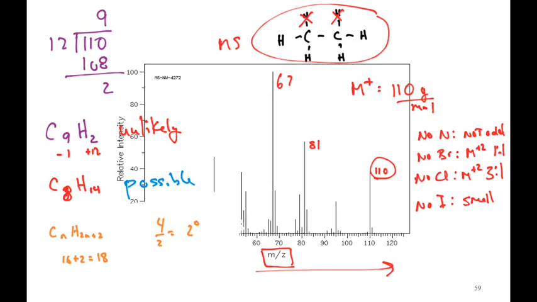With 2 degrees of unsaturation, what can I expect to find in my structure? 2 pi bonds, 2 rings, or a pi bond and a ring. All 3 of those are possible options.